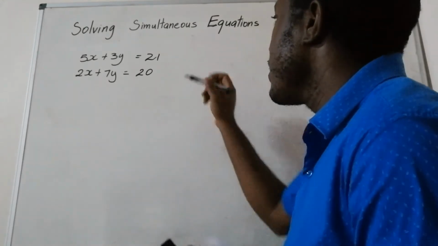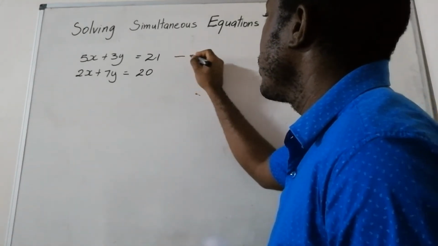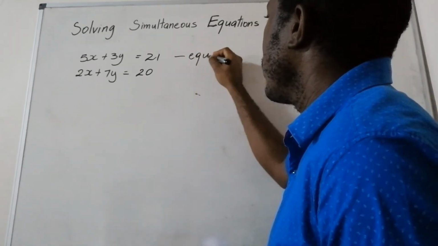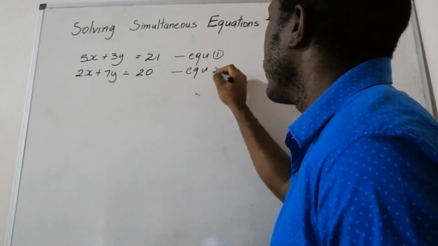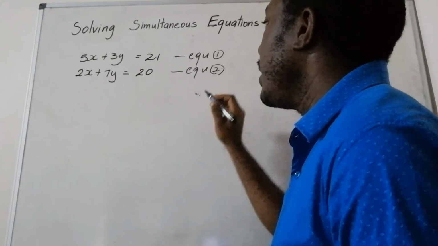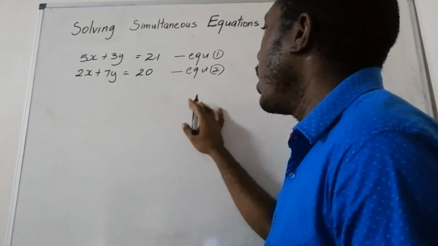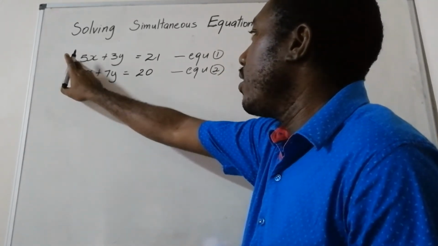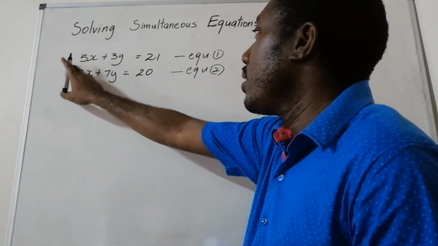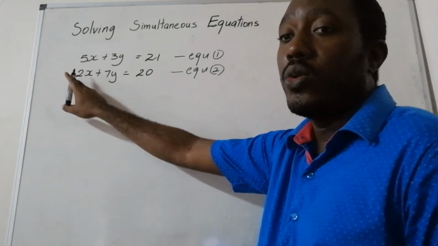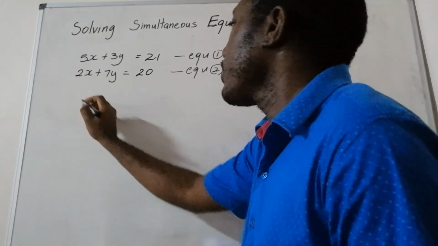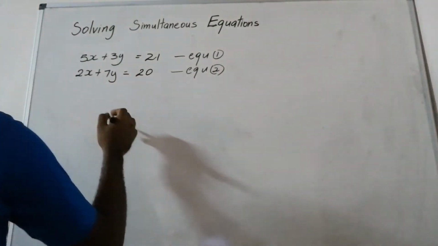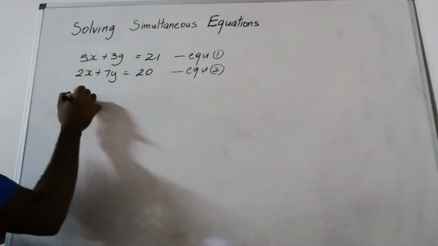Let's name them equation 1 and equation 2. Now, to make them the same, what we do, we multiply our equation 1 by the coefficient of equation 2.